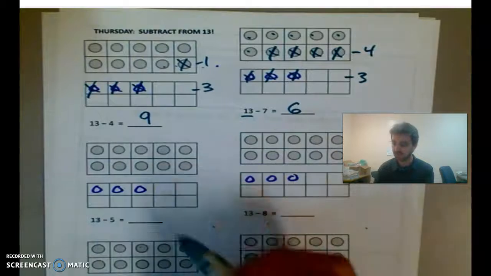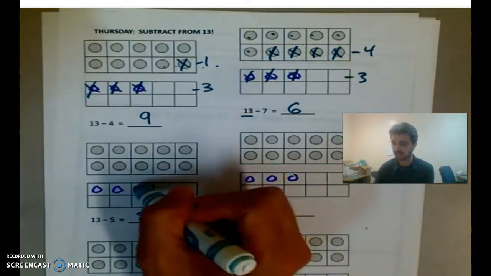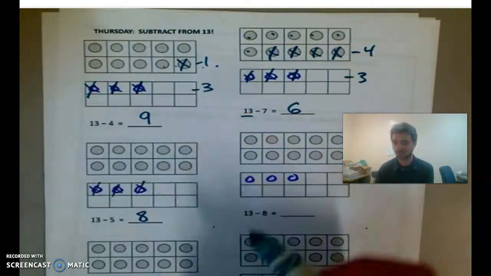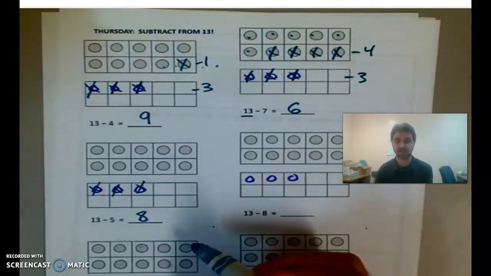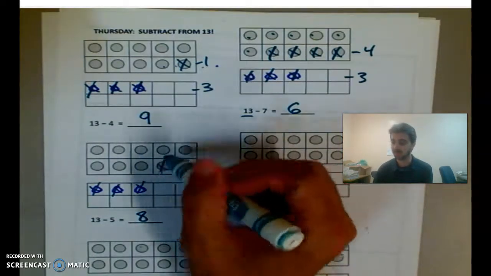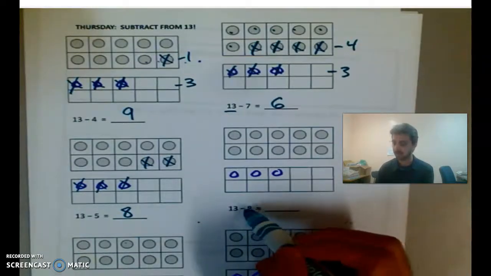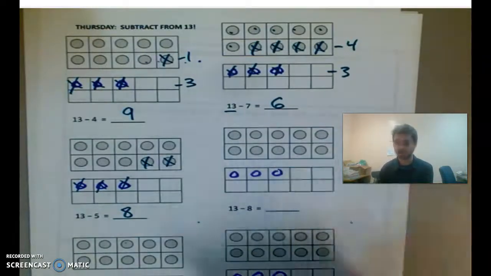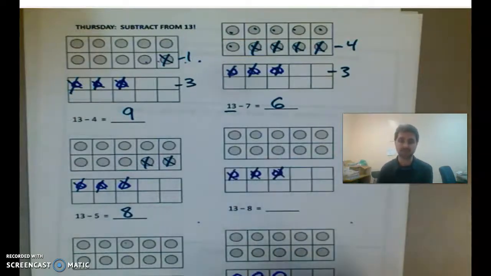Okay? All right, so here your answer should have been 8. If you take away 3, how many more do you have to take away if you're taking away 5? You still have to take away 2, and you're left with 8. If you're here, 13 minus 8, take away 3 to get to 10. How many do you still have to take away if you're taking away a total of 8?